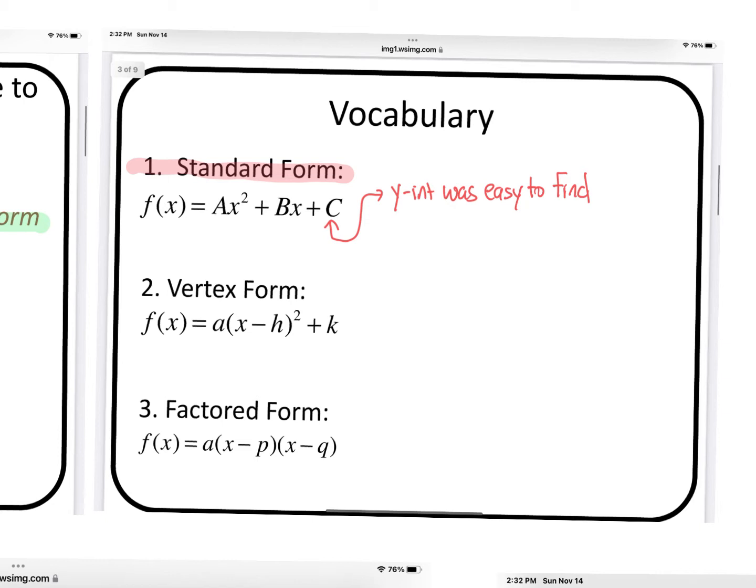And then we learned this business of the vertex form. And true to its name, we found out that it is very easy for us to find the vertex.